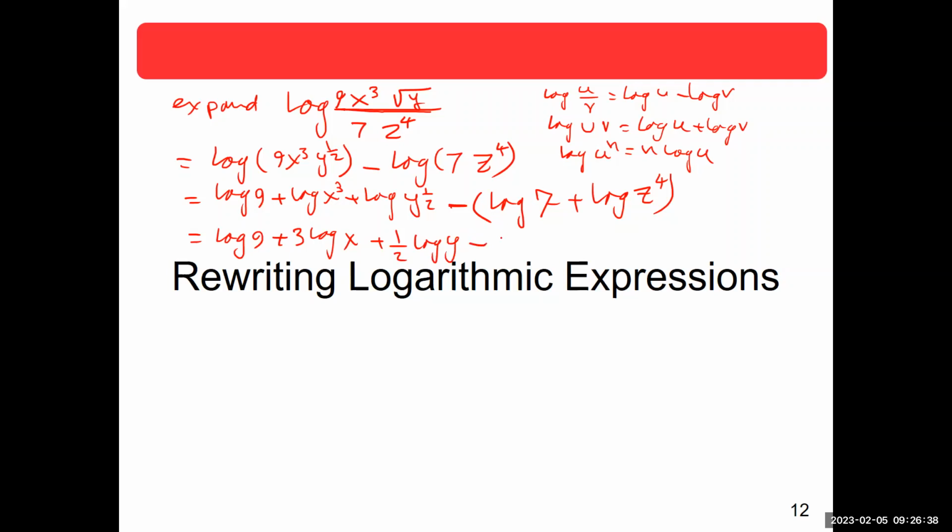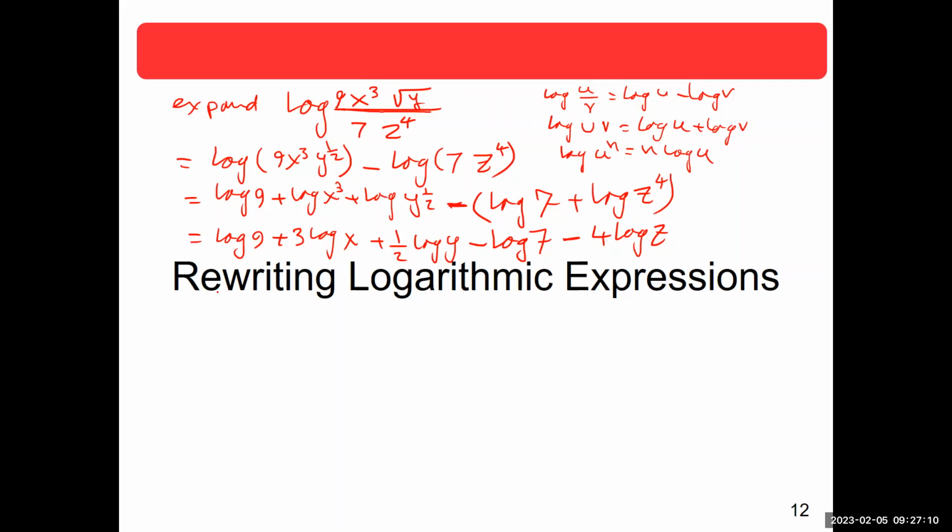Negative log of 7 will not change. Now minus, because of this minus here, we have power 4, so 4 log of z. That's it. We expanded everything. These steps, I expect them in a written test. You must show all the process. Don't skip. When you skip, you make mistakes.